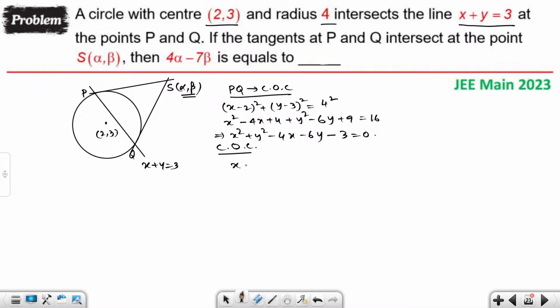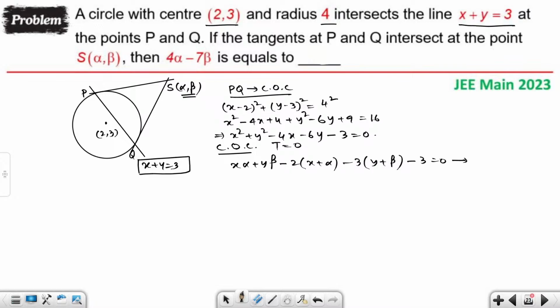It will be x alpha plus y beta, because chord of contact is T equals 0. So x alpha plus y beta minus 3 is 0. So this is the equation of the chord of contact, which is again given to be x plus y equals 3. See how simple it is.